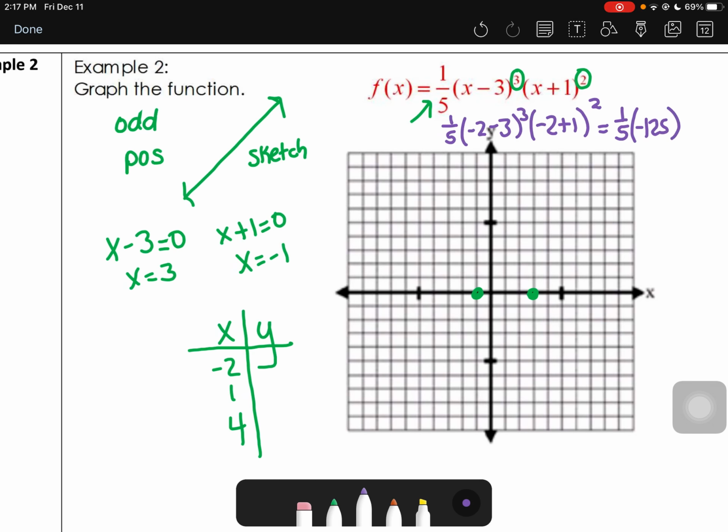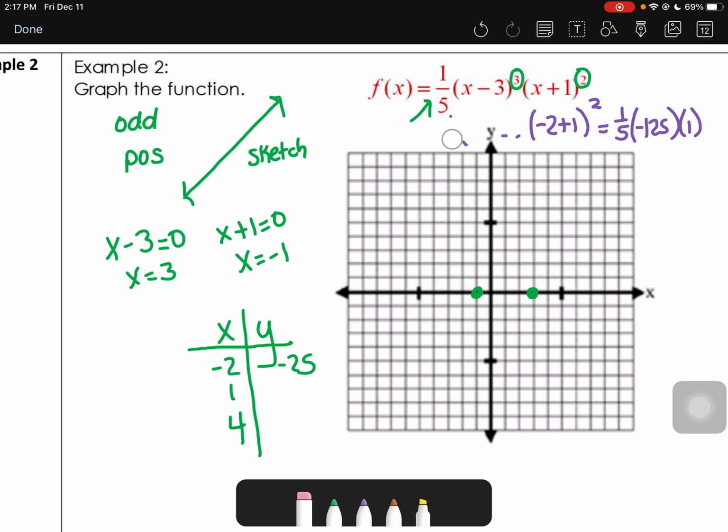Then negative 2 plus 1 is negative 1, and negative 1 squared would be 1. So we have negative 125, and then we multiply that by 1/5, which is dividing by 5, and we get an answer of negative 25.